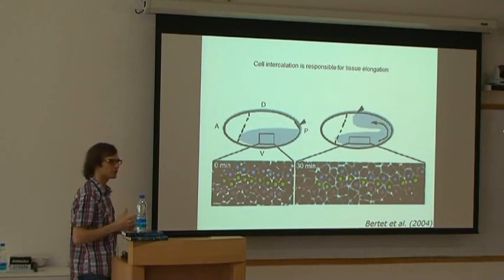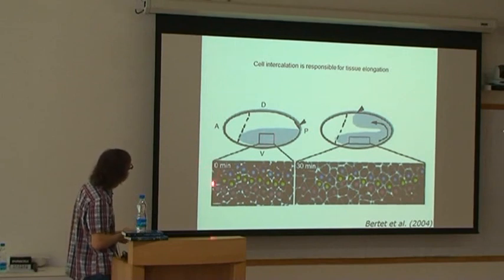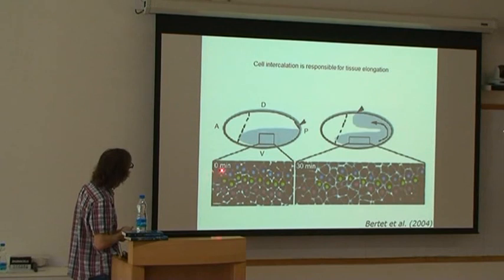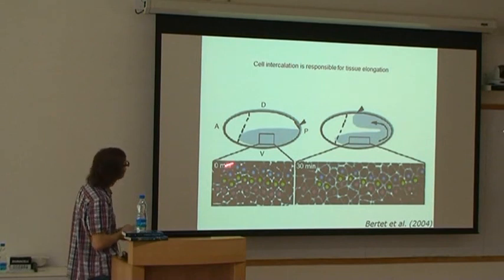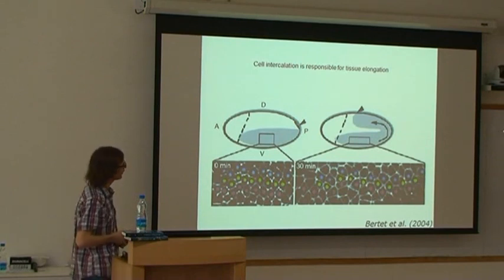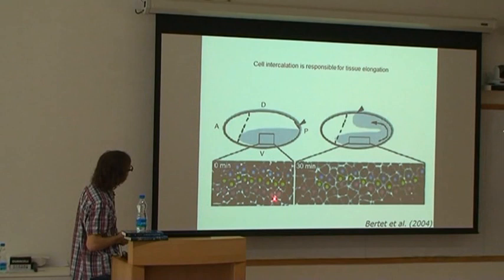So if you want to understand what cell intercalation is about, you can take a piece of tissue like this and zoom in, and now you can color the cells. You can color one row in blue, then one in green, and then the one below in red, in magenta. And then you look 30 minutes after that. So you will see that, for example, here, a blue cell, normally, it's in contact with two green cells, and also the red cell with the same two green cells.